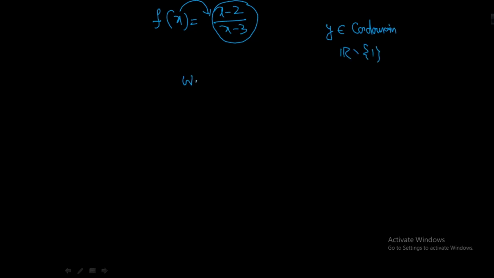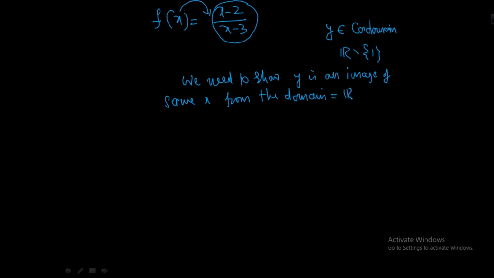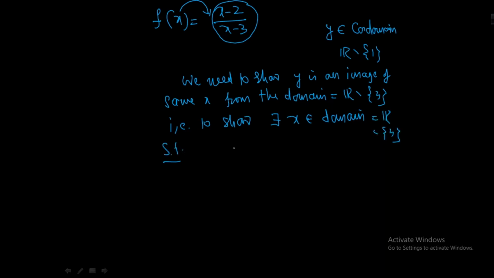We need to show y is an image of some x from the domain, which is R minus 3. That is, to show there exists x belongs to the domain R minus 3 such that y is the image of x.